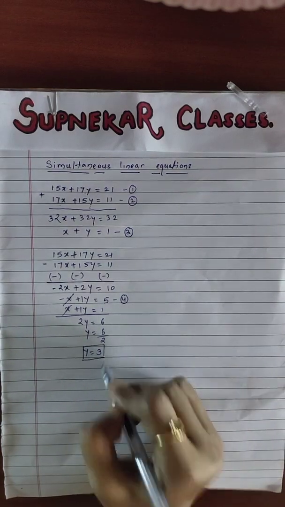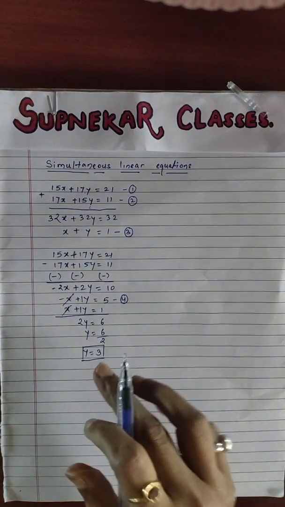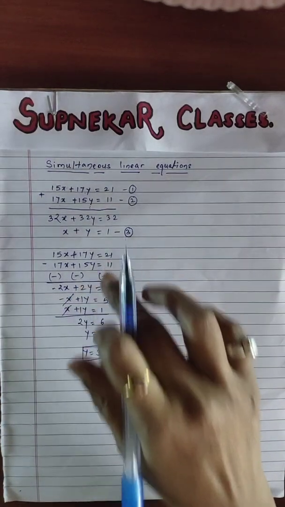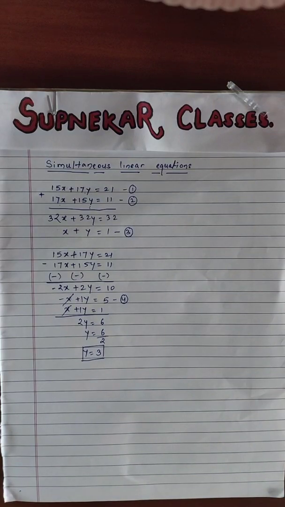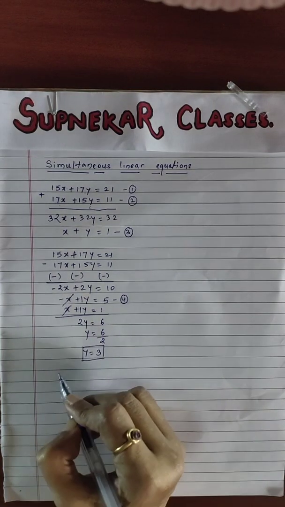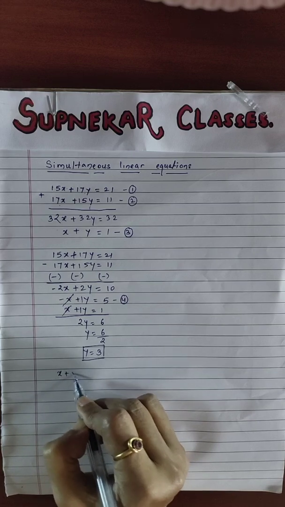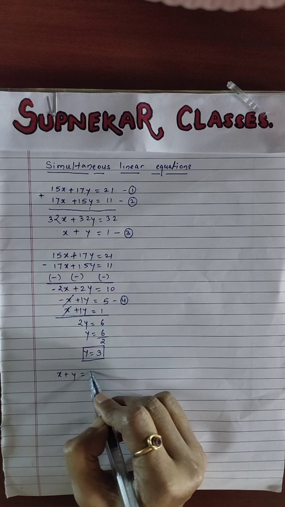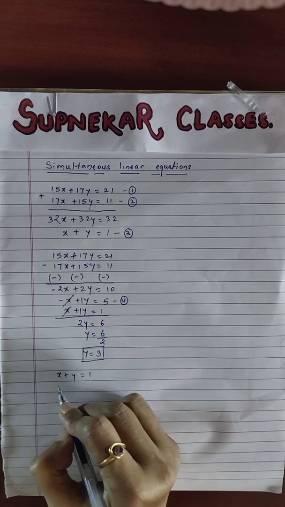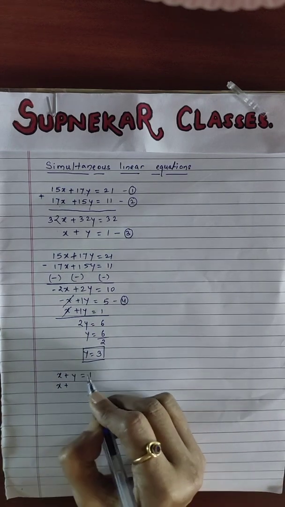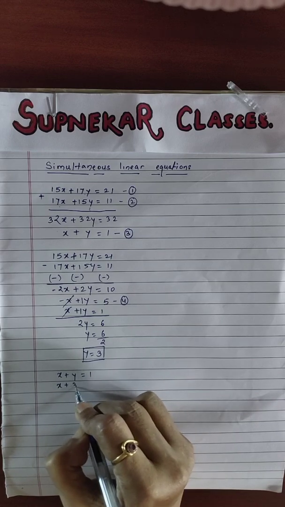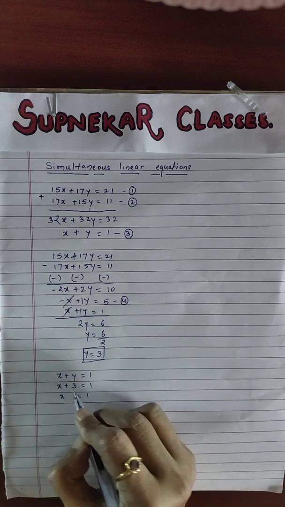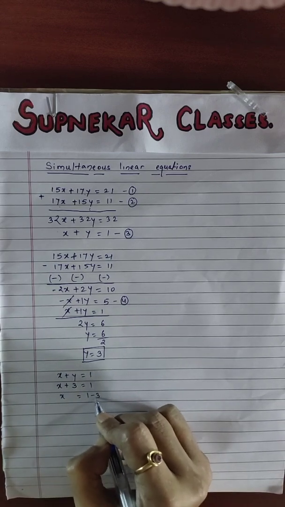Value of y, how we got it as 3, and then you have to put this value of y in equation number 3 or in 4. You can put it in equation number 3 or 4. If I put the value of y in equation number 3, I will have x plus y is equal to 1 as my third equation, and here I will substitute y with 3. It will be 1, x will be 1 and this 3 will become minus 3.